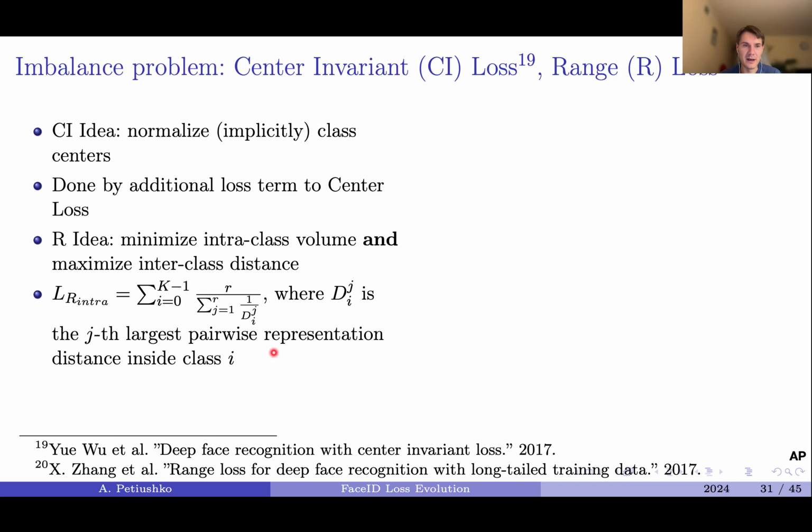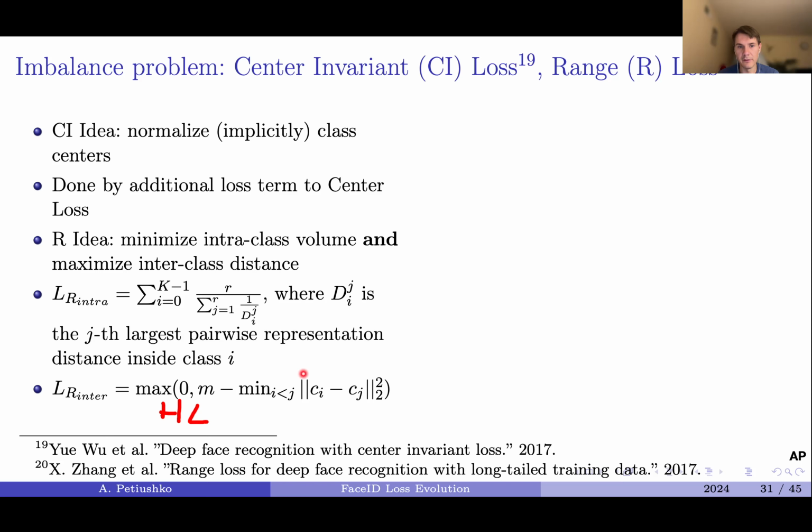Probably I need to read more carefully the initial paper. And interclass is quite simple, and again this is hinge loss as in contrastive loss. So we would like for the difference between different centroids of different classes to be not less than m.